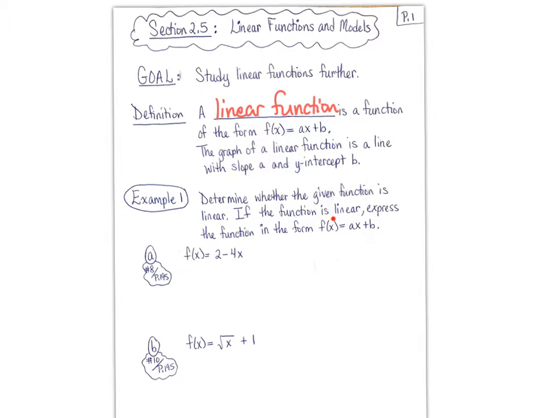Okay? Example 1, we want to determine whether the given function is linear. If the function is linear, we want to express the function in the form f of x equals ax plus b. Okay? So f of x is equal to 2 minus 4x. So we should rewrite it and put it into this form. Whenever we do that, how do we write it?